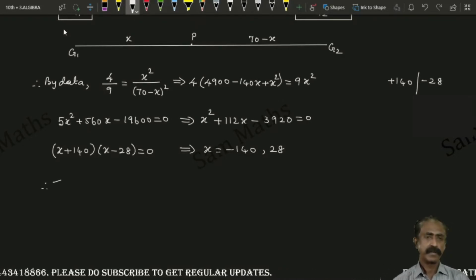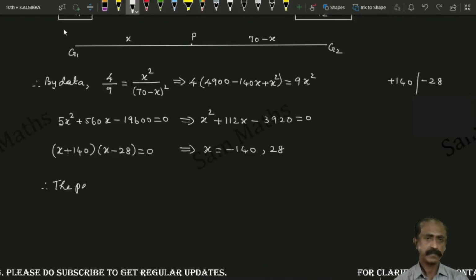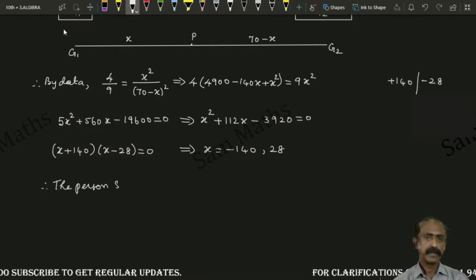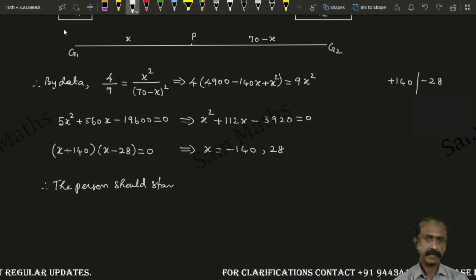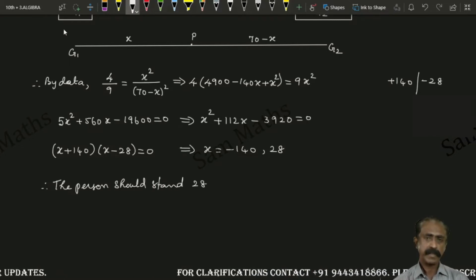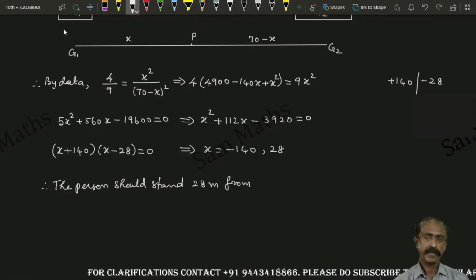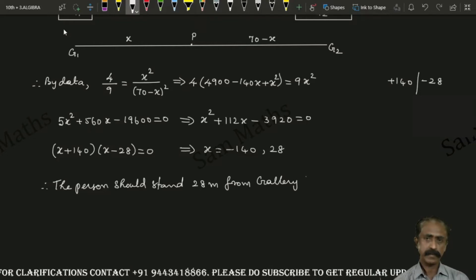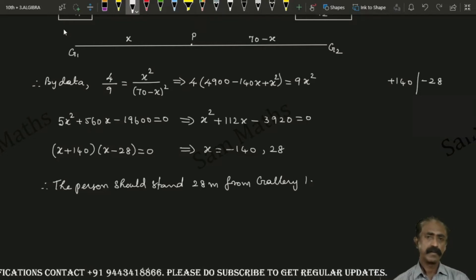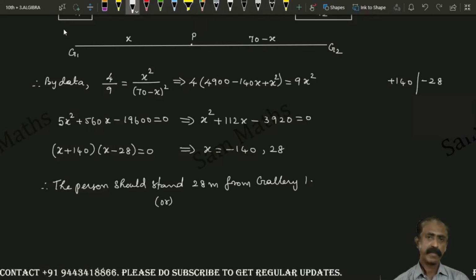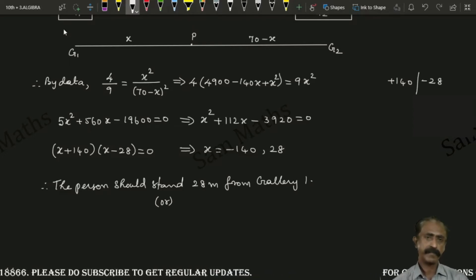Therefore, the person should stand 28 meters from gallery 1, or we can calculate 70 minus 28, it's 42.